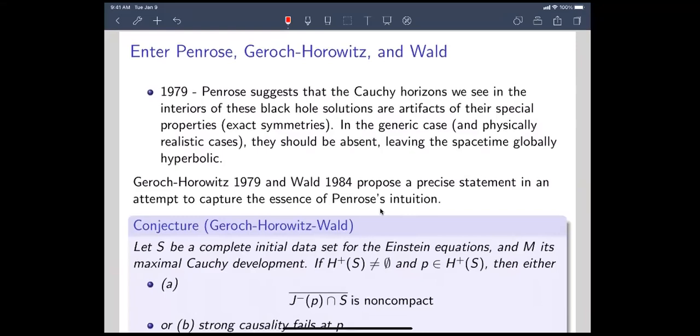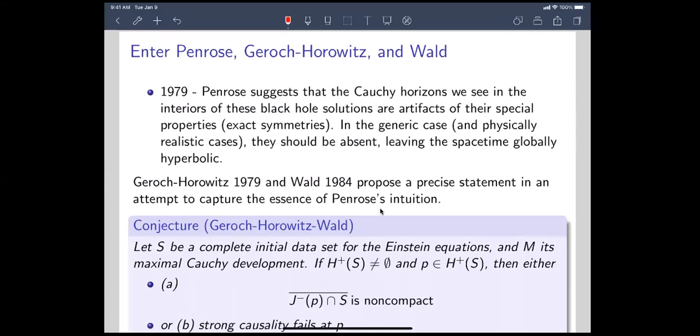Anyway, they put forward a kind of Lorentzian geometric statement that's supposed to capture some of the essence and spirit of strong cosmic censorship. And what they come up with is then picked up by Robert Wald in the writing of his 1984 landmark book, chapter 12, his version of strong cosmic censorship.